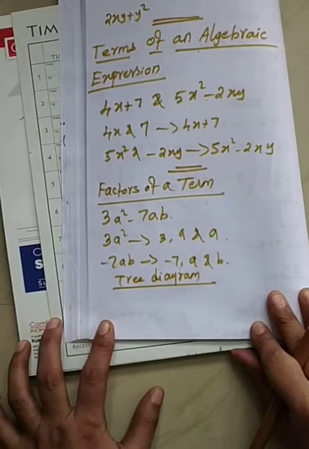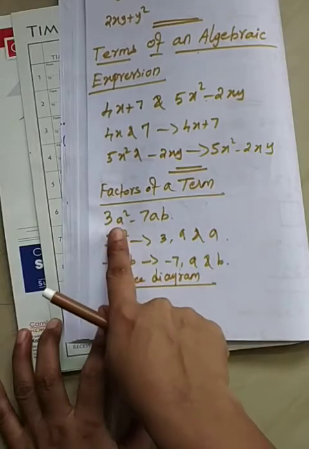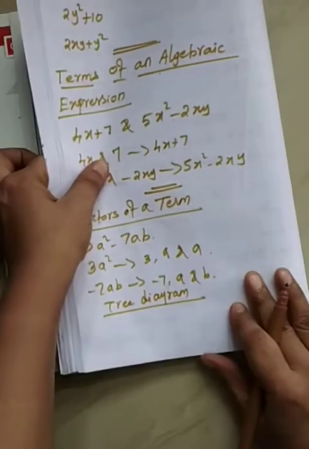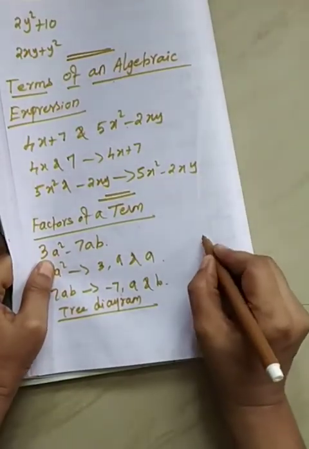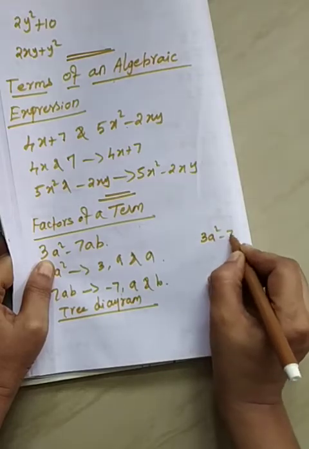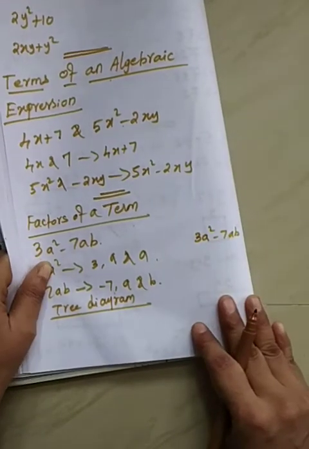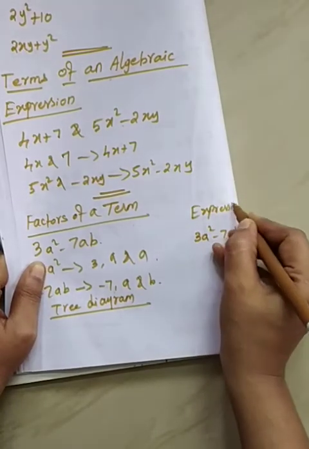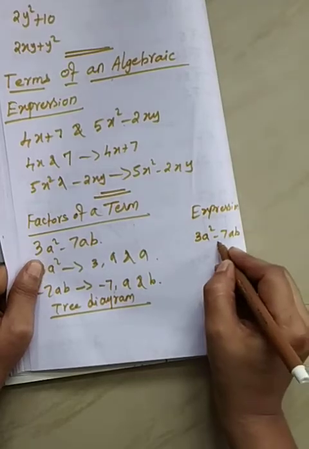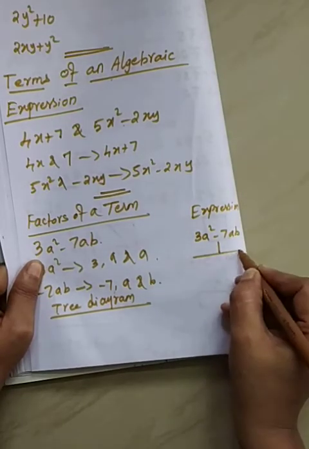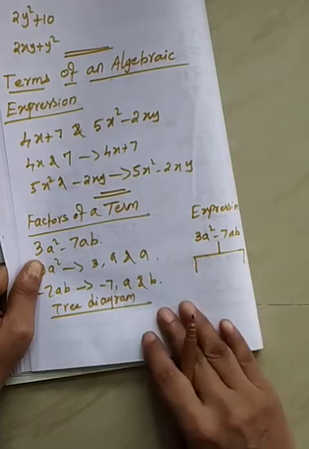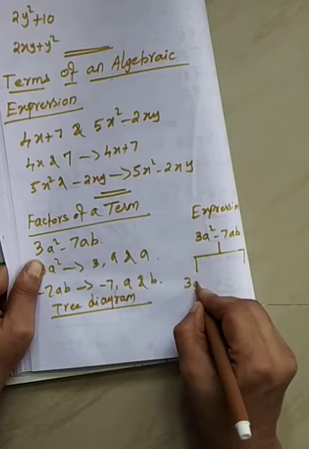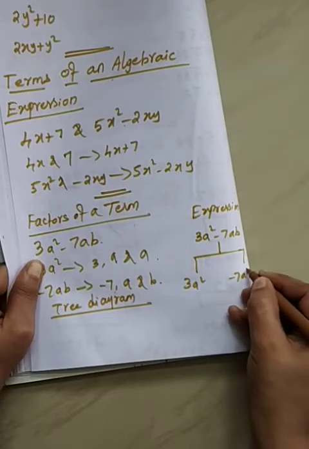The tree diagram for the expression 3a squared minus 7ab is like this. This is called the expression. This expression has two terms, so write 3a squared and minus 7ab.